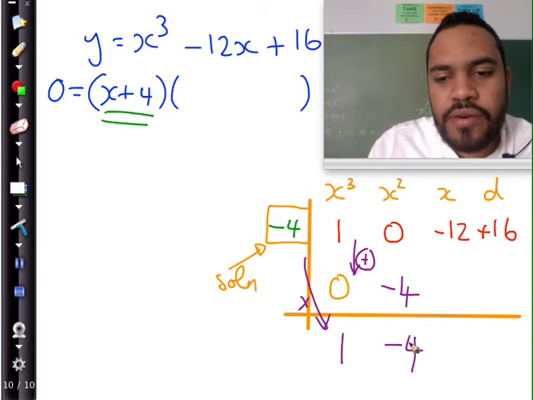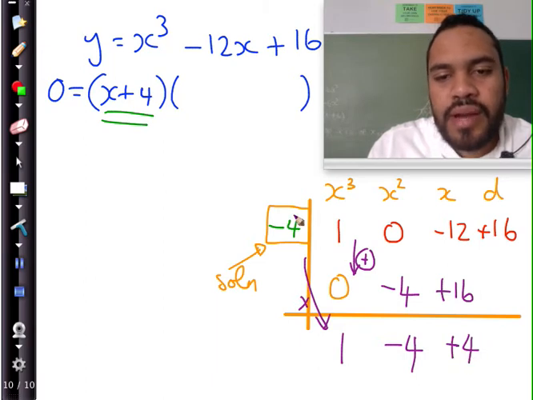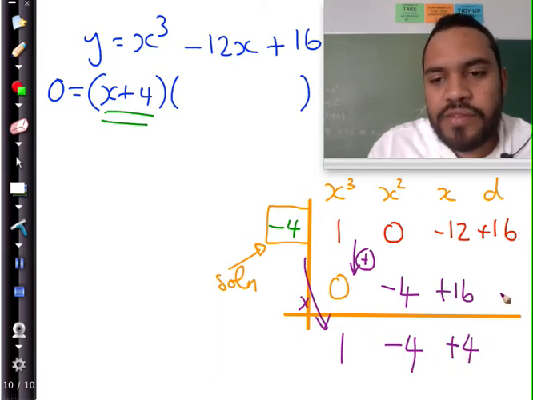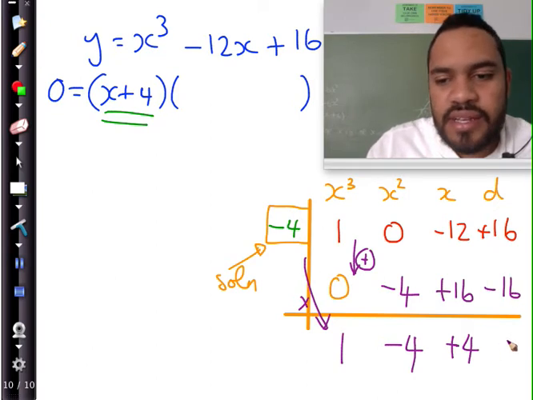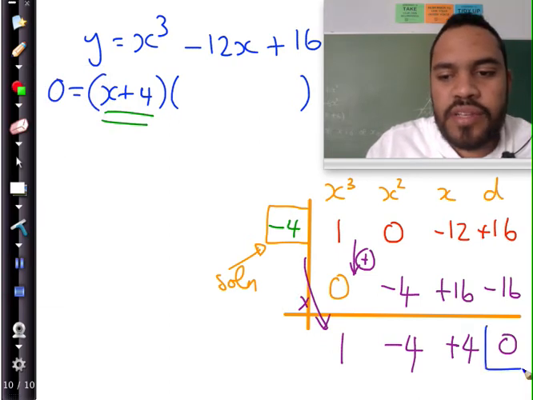It's negative 4, and I multiply across negative 4 with this. Positive 16, and I add downwards. Positive or negative? Positive 4. And now I say negative 4 multiplied by positive 4 gives me what? And I add downwards and I get 0.